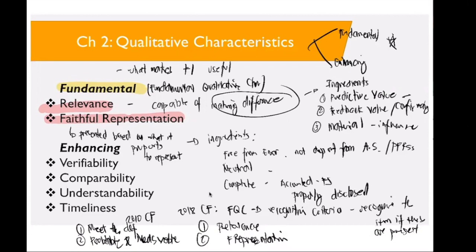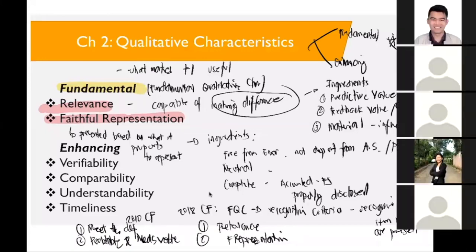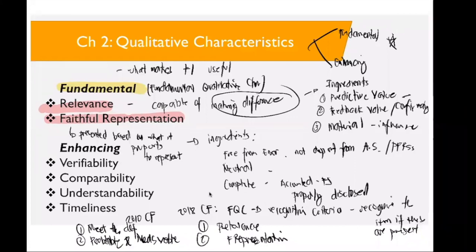Okay, so here in chapter 2, we learned that the fundamental qualitative characteristics make the financial information useful, and that is when it is relevant and faithfully represented. However, in your 2010 conceptual framework, when can we say that we can recognize an item? Only if it meets the definition and it is probable and measurable.